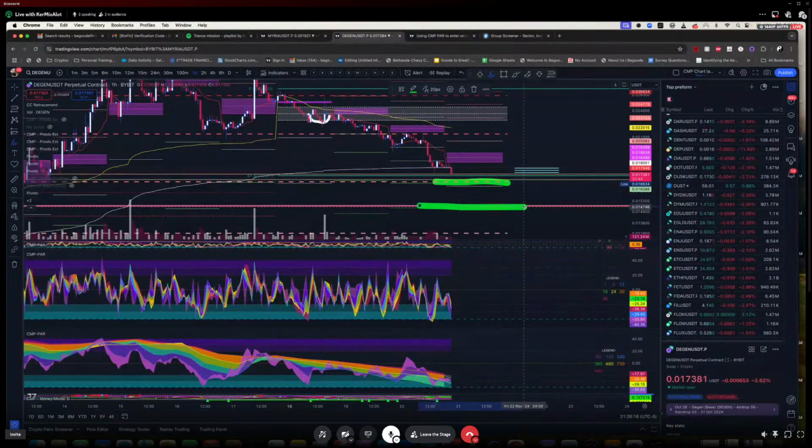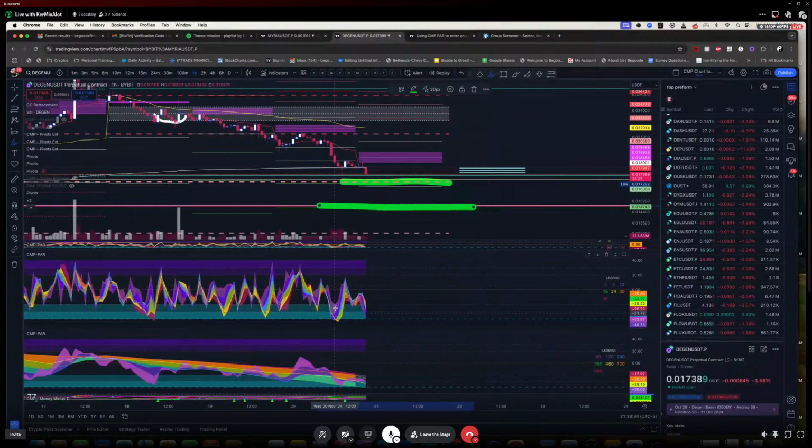This area here, 0.0166, 0.0146, couple areas there. I mean, you got the scalp ribbon coming down. It could possibly make a bull div right here. We are in the golden pocket right now.